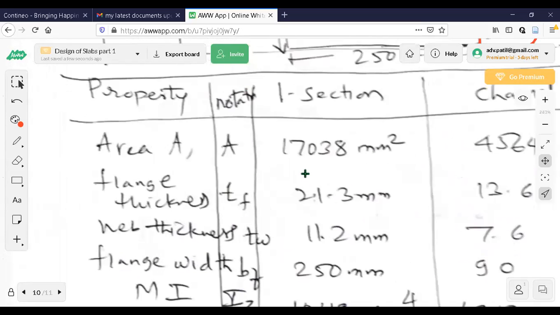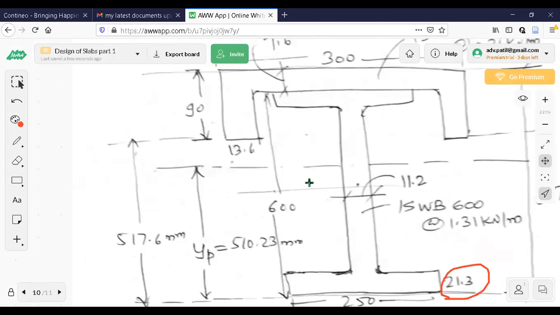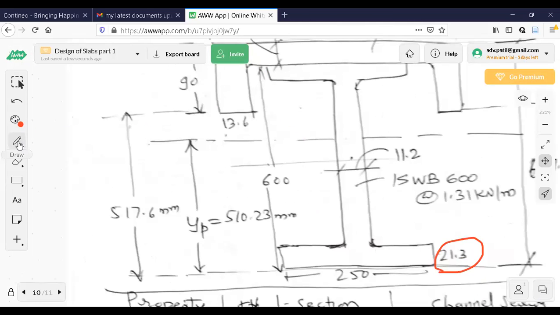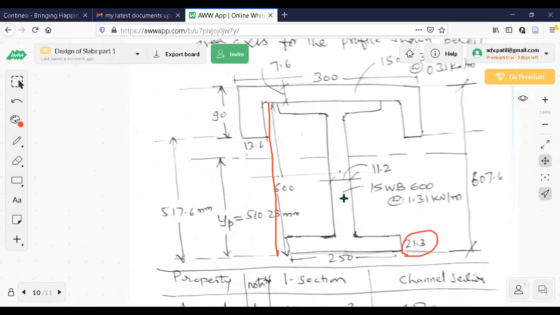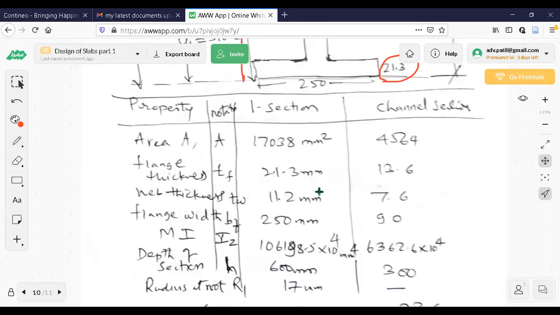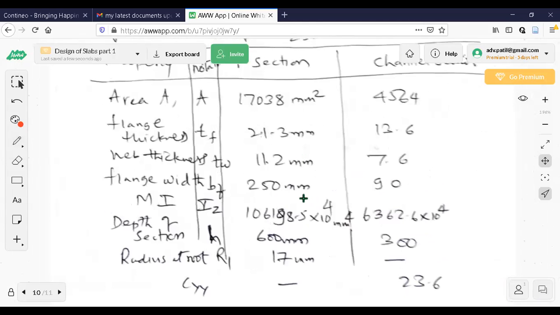Where is this one? Depth end to end. See this. From this end to this end. I think you can follow all this. This total end to end of the I section is 600. That is given in the table.